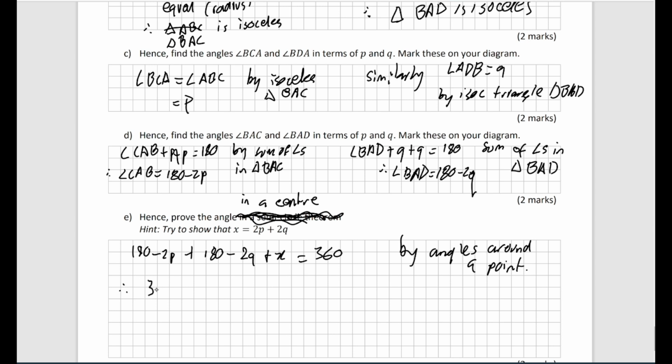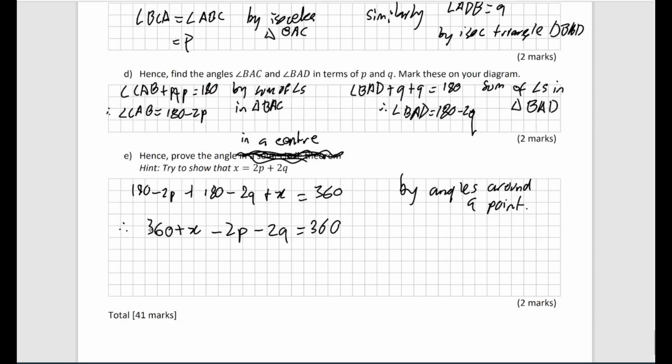Therefore, 360 plus x take 2p take 2q equals 360. Then you want to take 360 from both sides. That will essentially cancel those off. Your x take 2p take 2q equals 0. Therefore, x equals 2p plus 2q. Just adding 2p and 2q onto both sides.